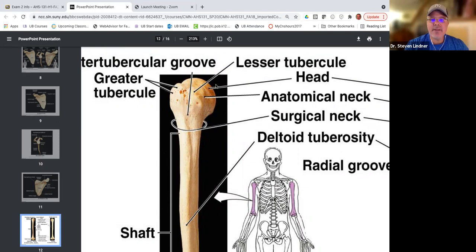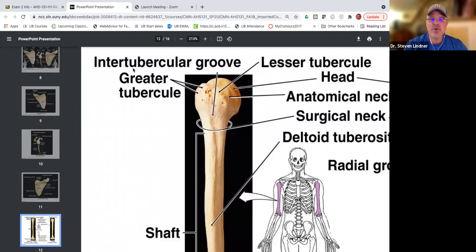And then the other is the lesser tubercle. And in between the greater and lesser tubercles is the intertubercular groove. It's called intertubercular because it's between the two tubercles, but the other name for this that's acceptable is also the bicipital groove.